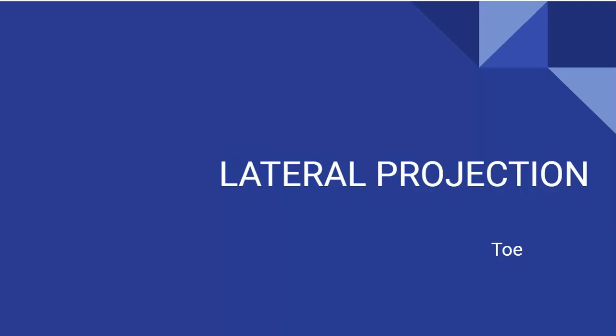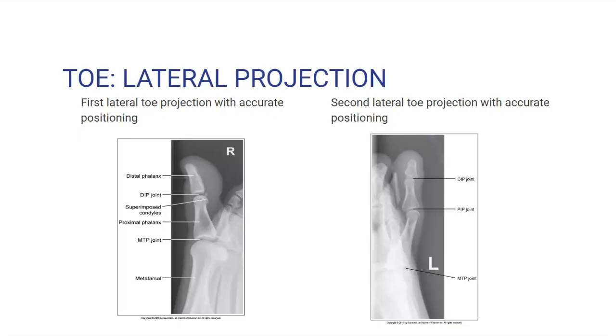Let's move on to the lateral toe projection. Image analysis guidelines for the lateral toe projection state that the condyles of the proximal phalanx should be superimposed. There's no soft tissue or bony overlap from the adjacent toes.